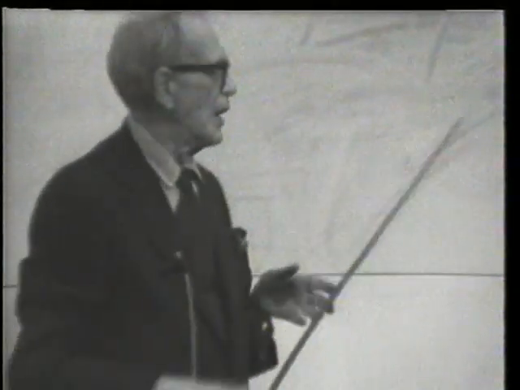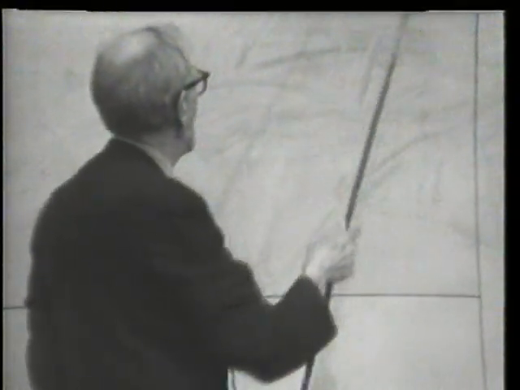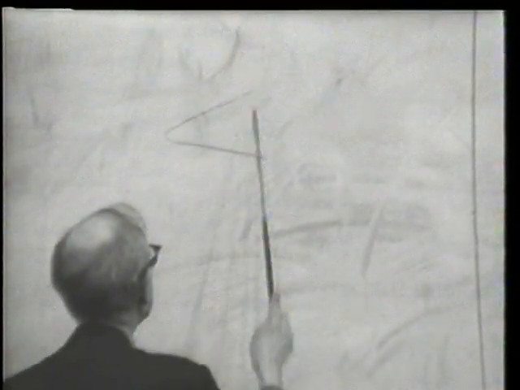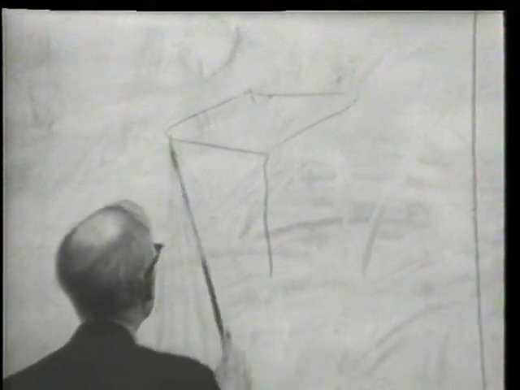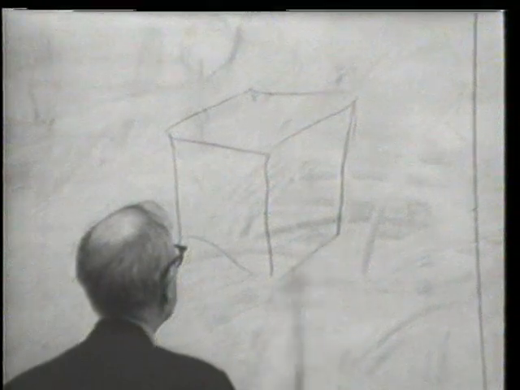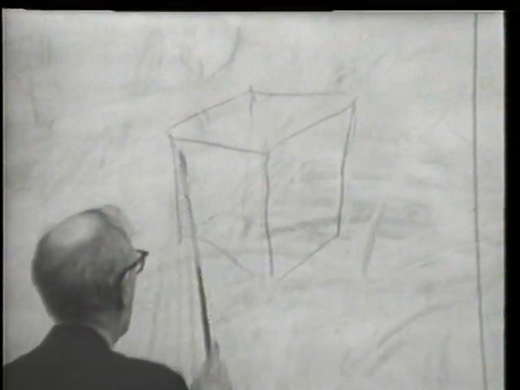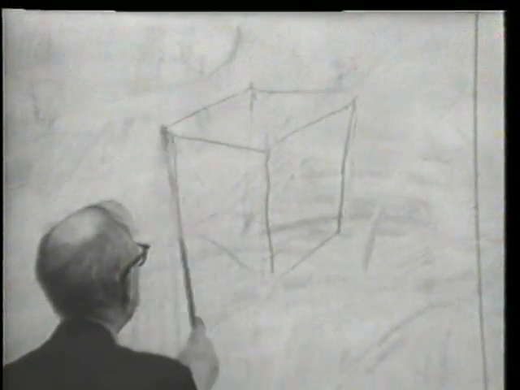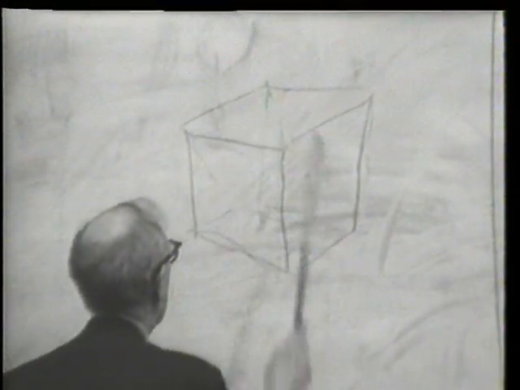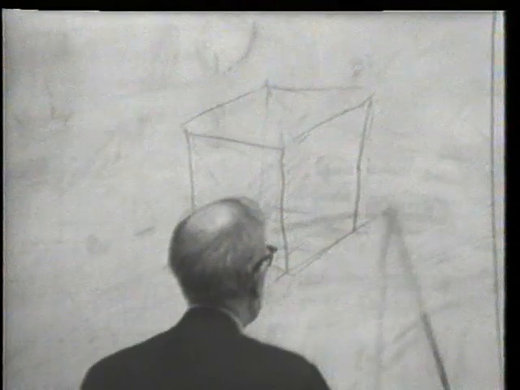Every cube, every rectangular solid has 3 line systems. The height systems, well, let's draw a box, a cube. And then let's look through it and see the other side. You see, you have 4 height lines, 4 width lines, and 4 depth lines.